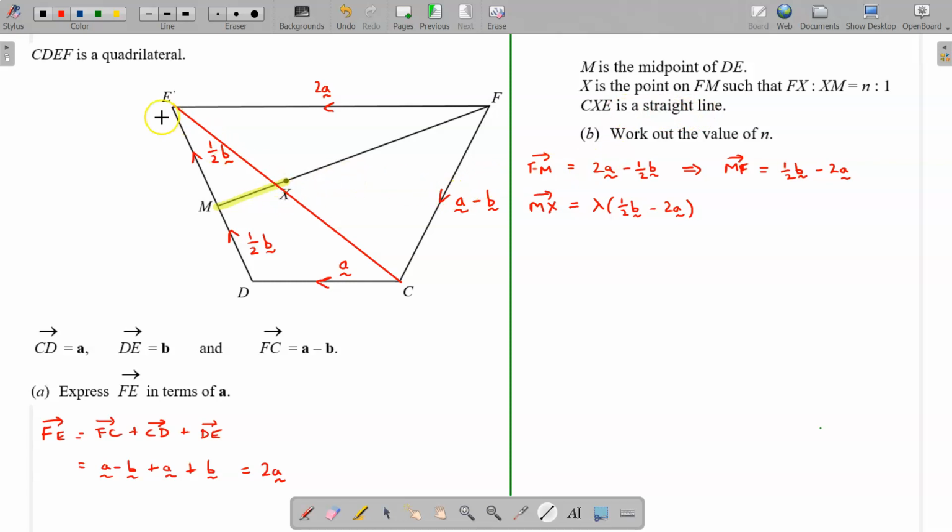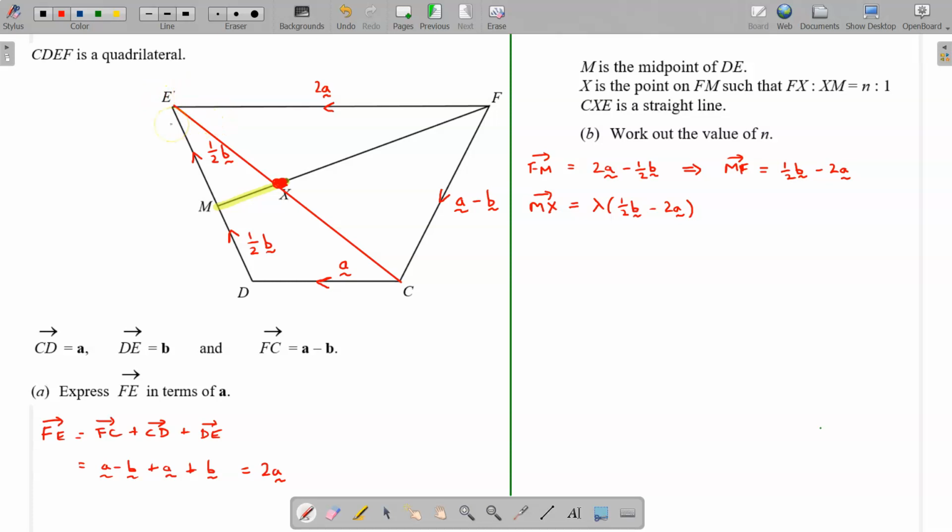Now, as you can see, it's not quite looking like a straight line because the diagram isn't drawn to scale, but that doesn't matter. So I'm just going to cheat a little bit here and show a big blob where X is supposed to be. So that's the point X, and that's supposed to be a straight line, CXE.